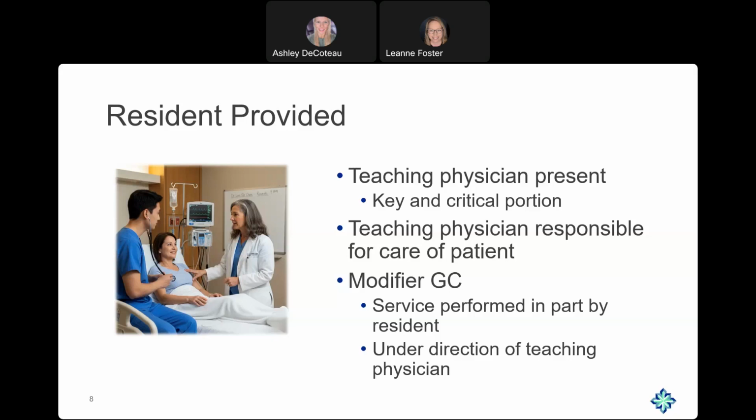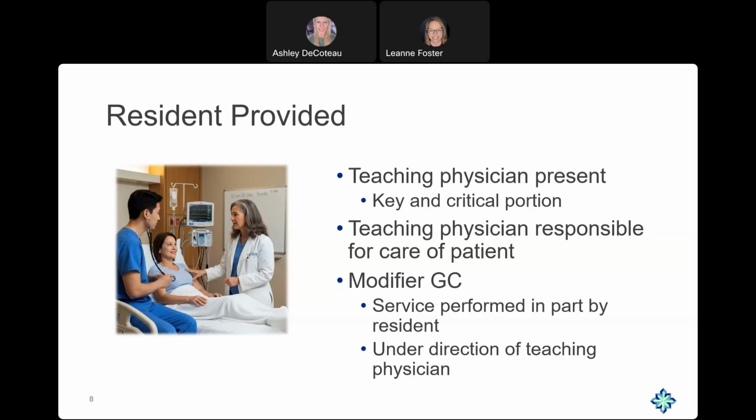We had a question on the GC modifier, which was when a resident and an MD are in a wound clinic that is not part of the resident program, does the GC modifier still apply?